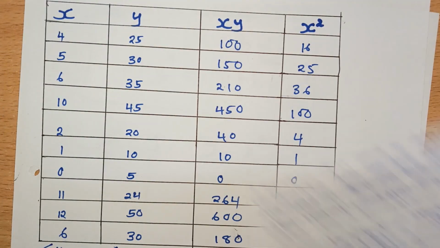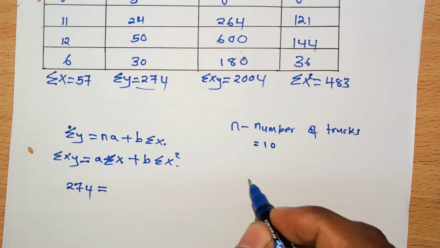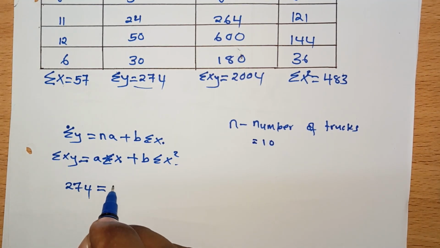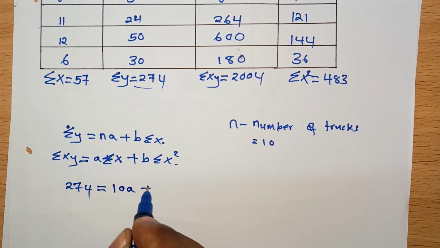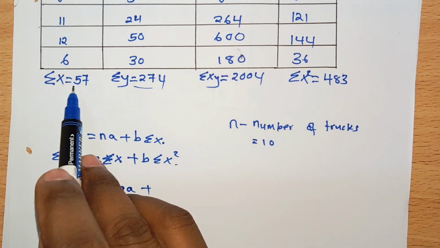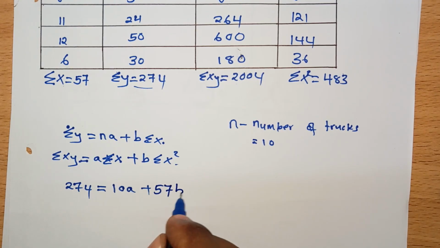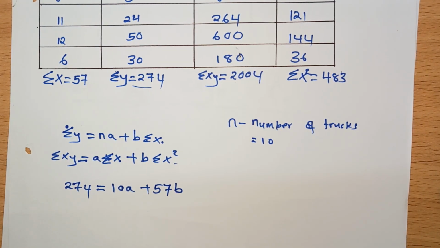So meaning our n is 10. So this one is going to be 10a. You add summation of x, in this particular case it is going to be 57. So here you write 57, and then from there you insert this b.